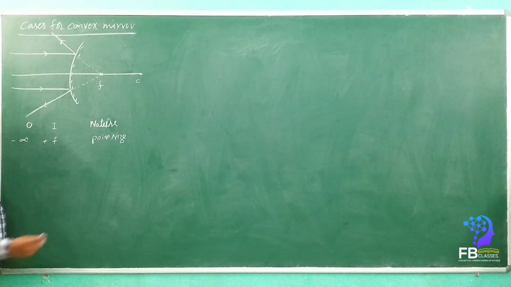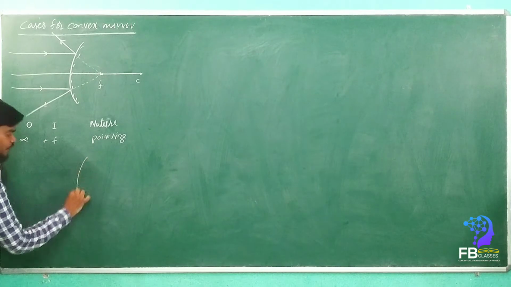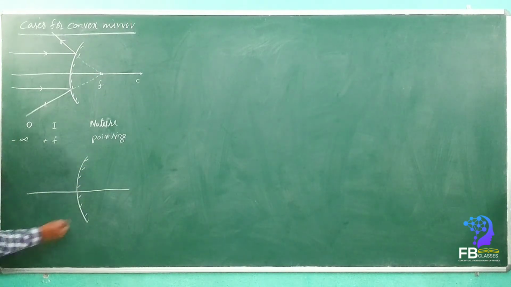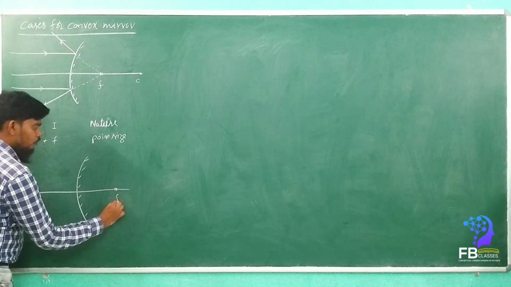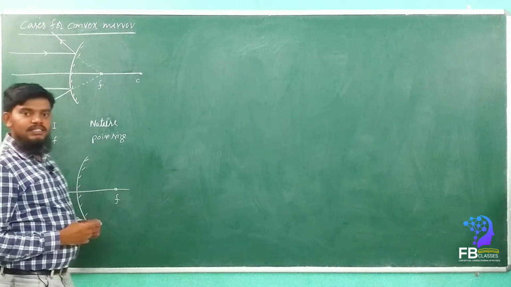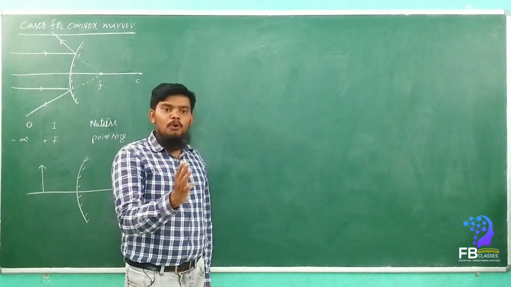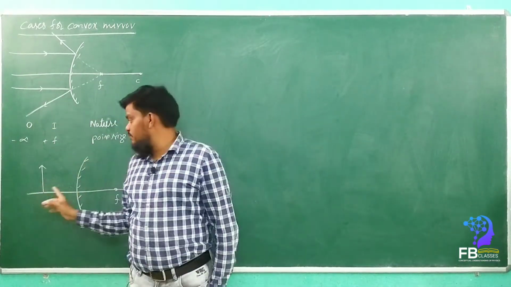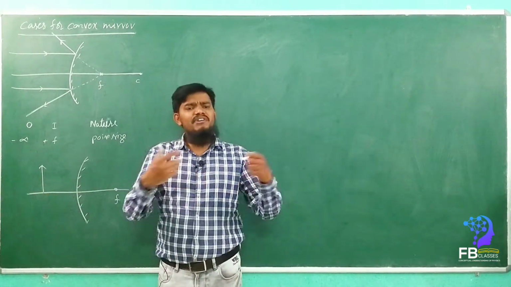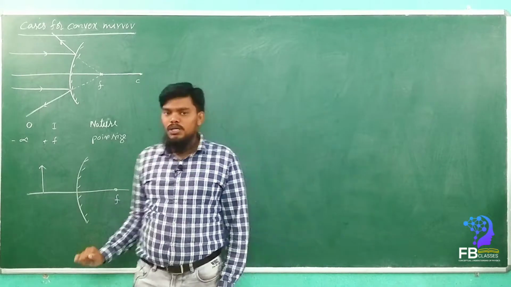That is the nature. See here, if you take the second case, let this be the principal focus. Now when the object is placed between pole and infinity, anywhere from infinity to pole, then what will happen?